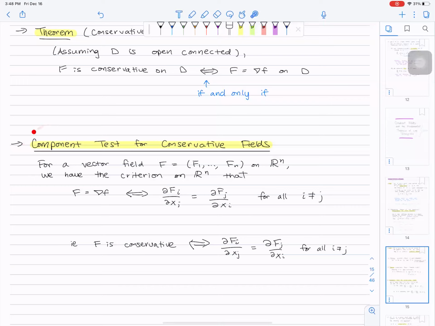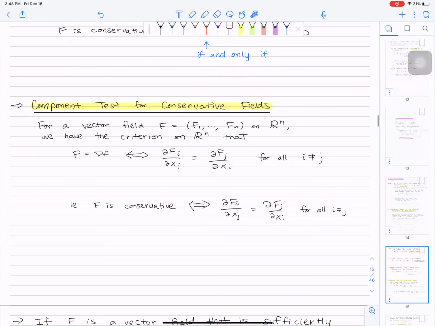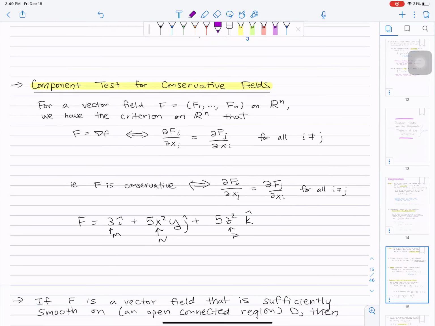We have the component test. The component test is where you check every single partial. So if you have some function, like 3i plus 5x squared y j plus 5z squared k, I call the first component M, the second N, and the third P. The component test says I need to check that the partial of M with respect to y, so the first component with respect to the second variable, should equal the second component with respect to the first variable.